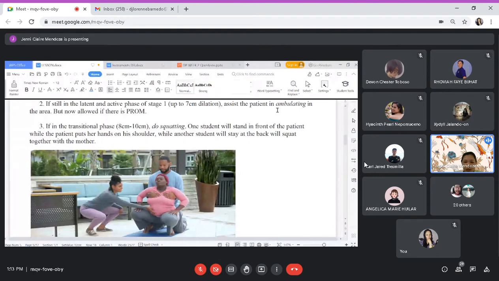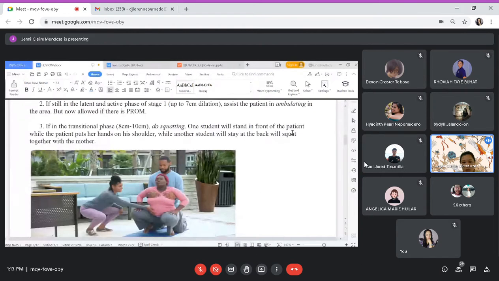In AMCB, patients who are in labor during the latent and active phase are allowed to walk inside the labor room. Okay, there's a hallway in the labor room, so we allow our patients to walk, but they should be assisted in case they have contraction and the urge to push.